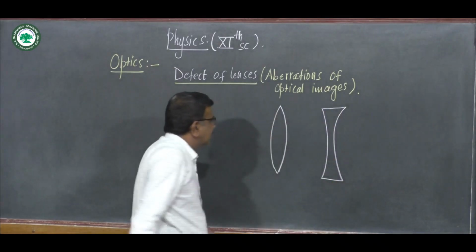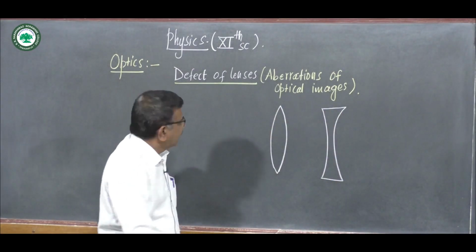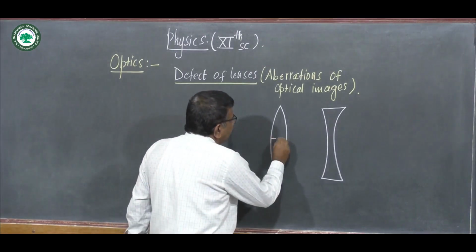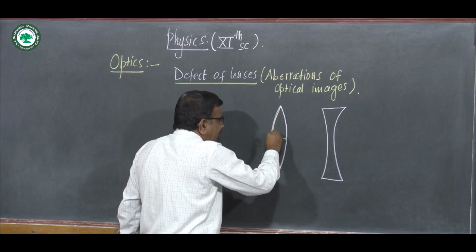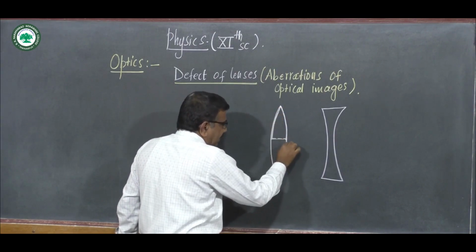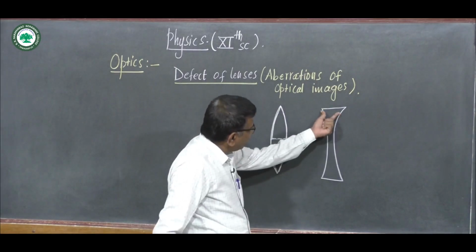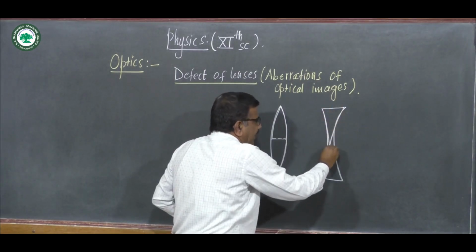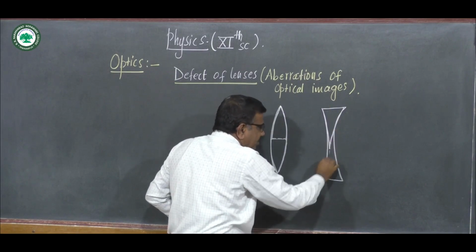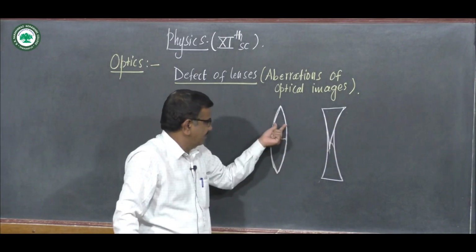These lenses are approximated to be two prisms. Suppose this is one prism, this is the base, this is the other prism, this is the base. Or it is a prism with its vertex joined together. It's just like two prisms.